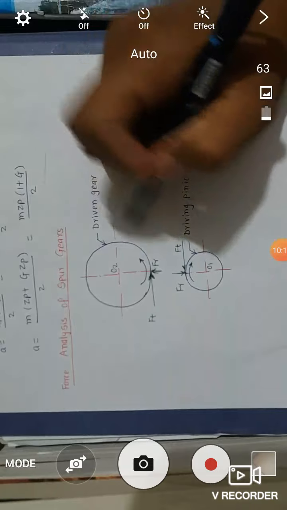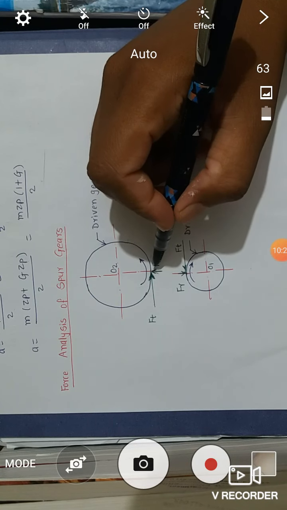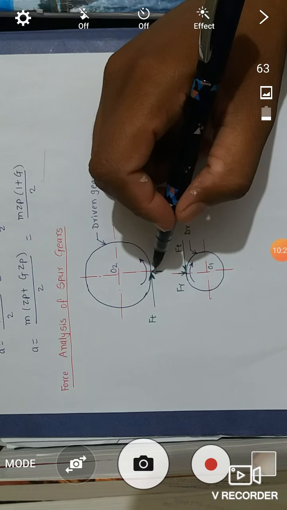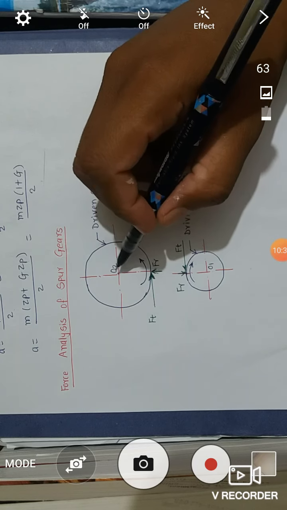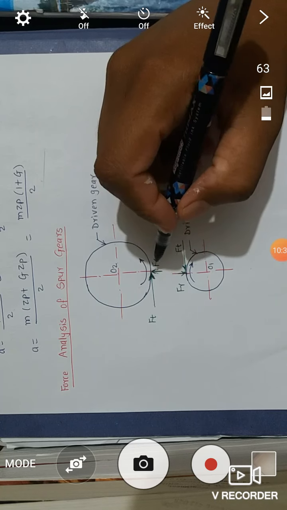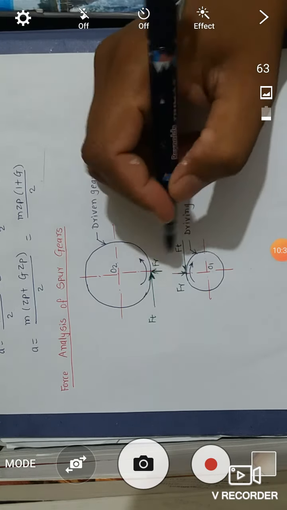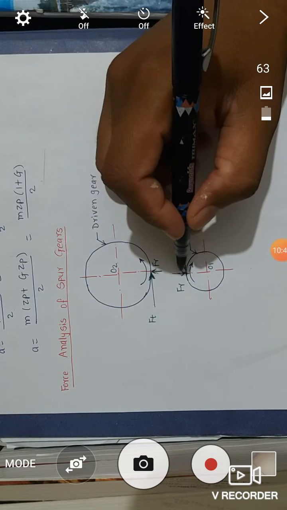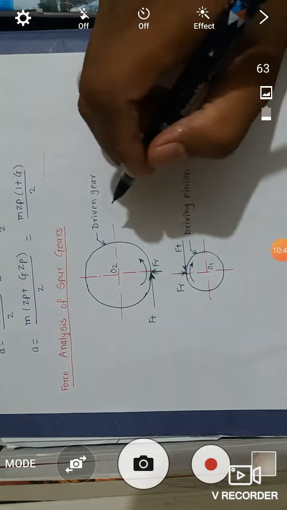So if we consider this is the driven gear and this is the driving pinion, then for the upper gear this Fr acts in upward direction, means radial force always acts towards the center of the respective gear. If we consider Fr for the driving pinion, then in this case it acts in the lower or downward direction.